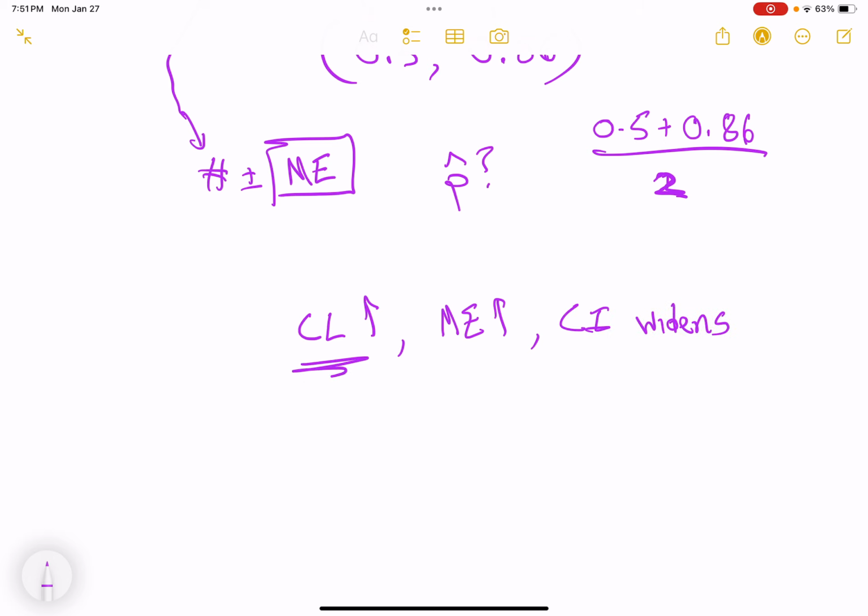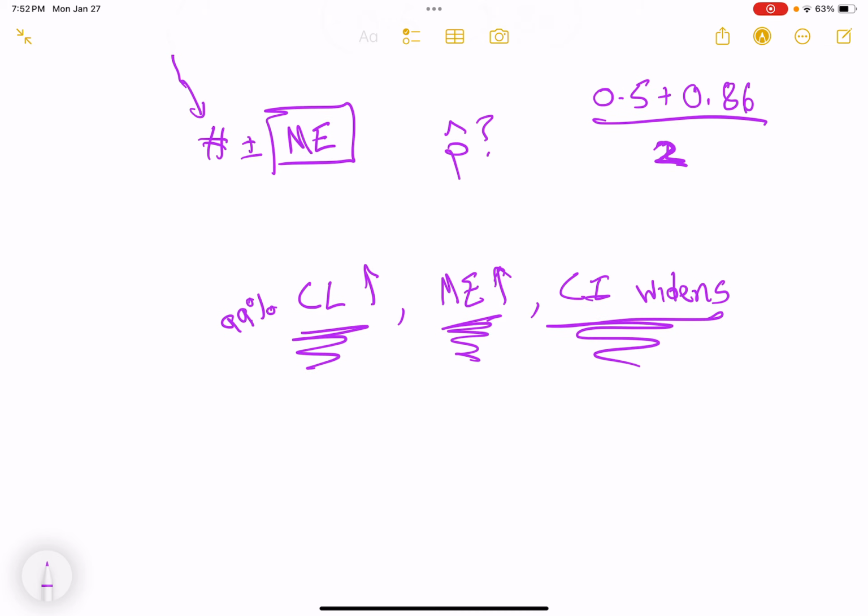So the surer that you are, let's say 99%, the bigger your margin of error will be, therefore the wider your possible values will be. Why? Because the plausible values, which is what confidence intervals give us, well, there are just more of them. That's why we're more confident. That, or we went up on sample size. And similarly, the inverse would be true. If I had a lower confidence level, my margin of error goes down and my confidence interval is less wide.